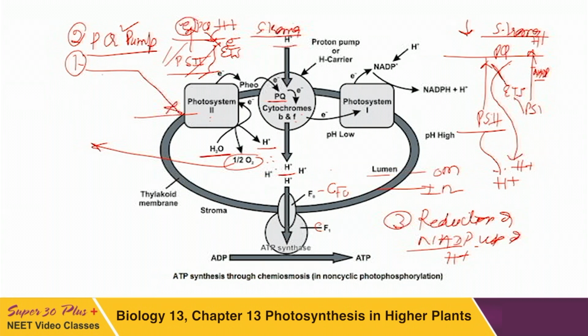This is the transmembrane channel which is embedded in the thylakoid membrane, and this protrudes towards the stroma. The energy generated in this ATP synthetase enzyme will be used in formation of ATP, a high energy molecule, from ADP and inorganic phosphate. Is it very much clear to you?